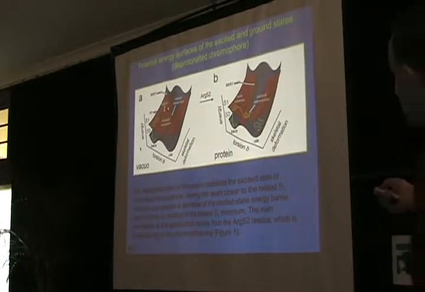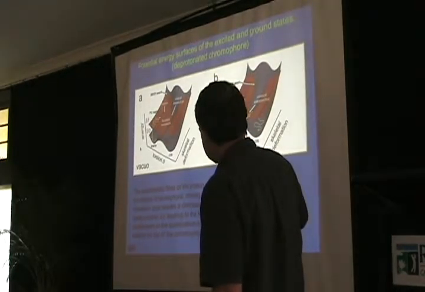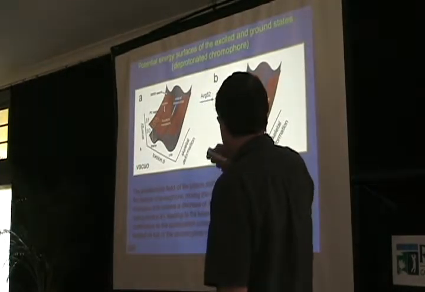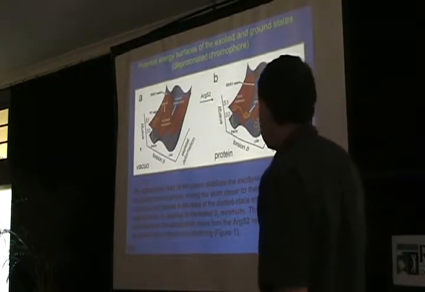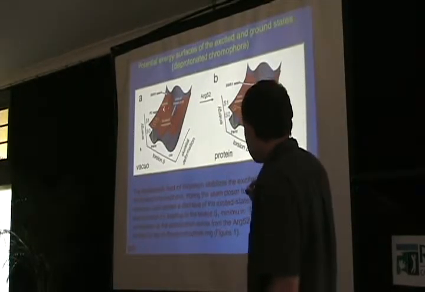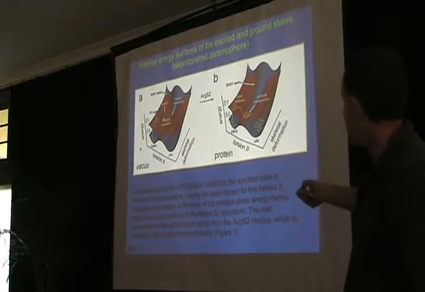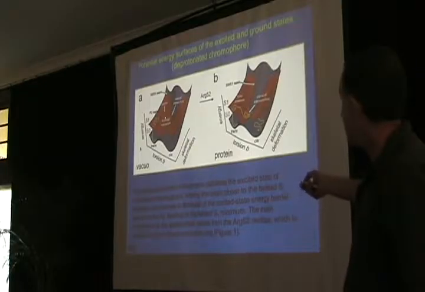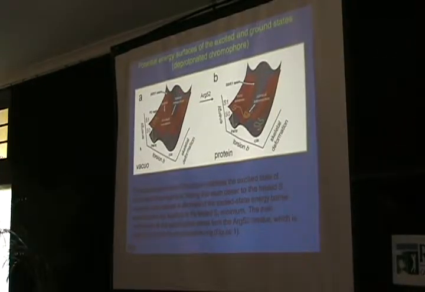It appears that the protein acts in this way, and I should do this in a slightly different order. If you run this calculation in vacuum or free in solution, you find that you don't get the isomerized form. Either you get fluorescence or the system eventually just collapses back into the original one that it was in the first place.